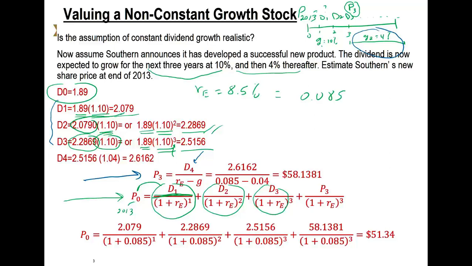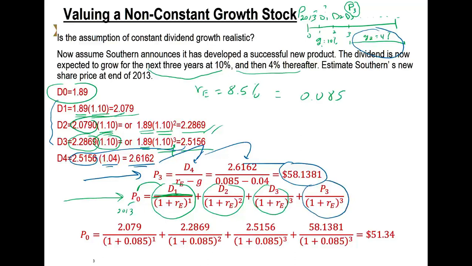So D sub 4 is just the dividend in year 3 growing at 4%. That's how we get D sub 4. Now that we have D sub 4, we can plug it into the equation and get P sub 3. And P sub 3 is going to be discounted 3 years back to 0. That's what this does.